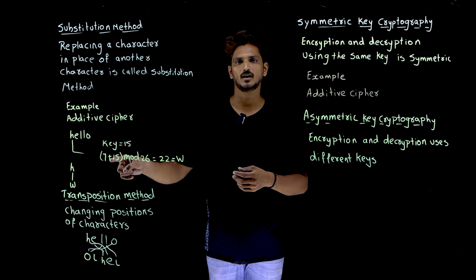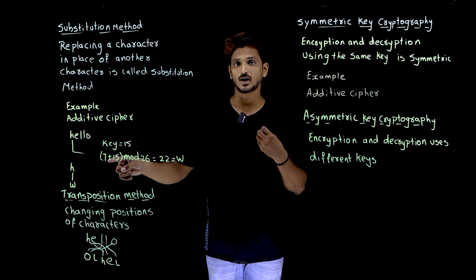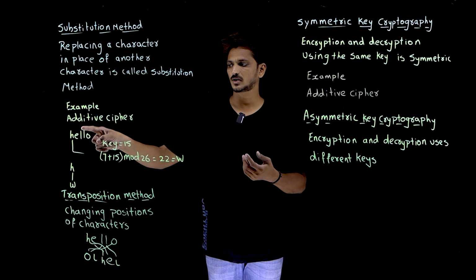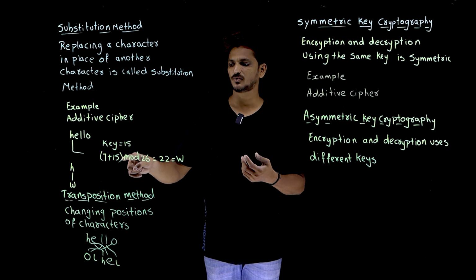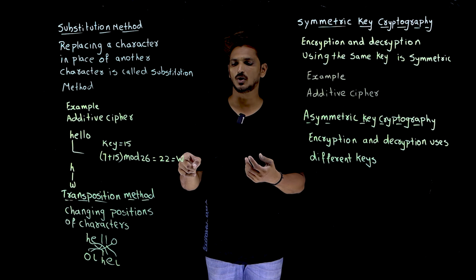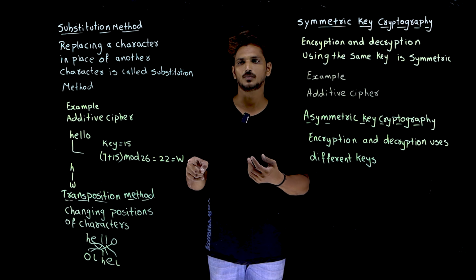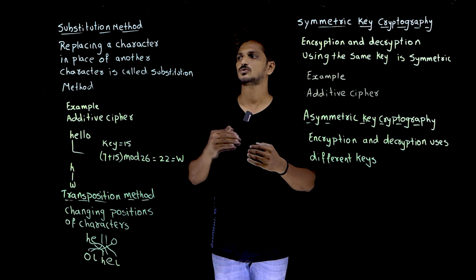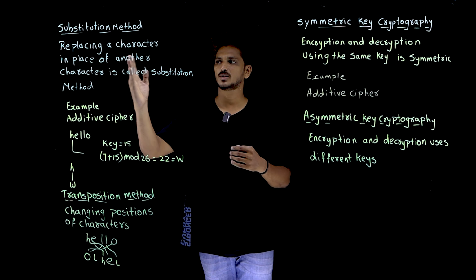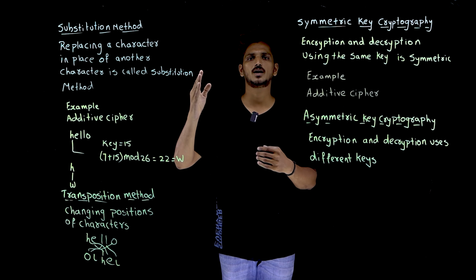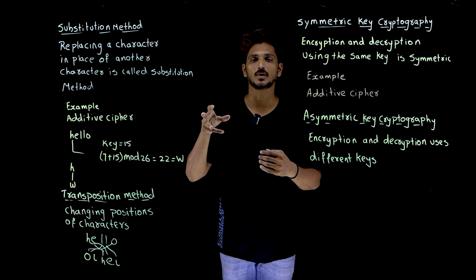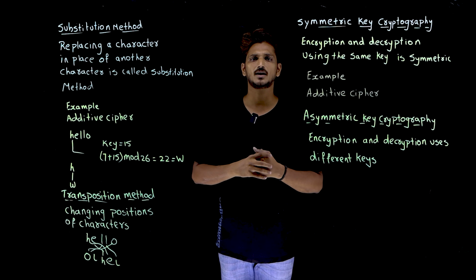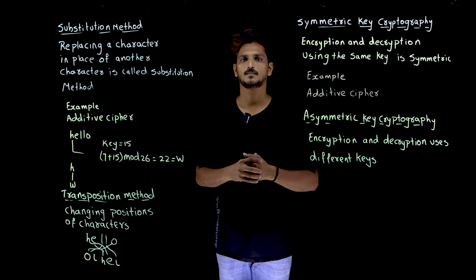H means 7. In the additive cipher, we assigned some numbers to the characters. H is 7, 7 plus 15 mod 26 is 22, which is equal to W. In place of H, we are replacing it with W. So replacing a character in place of another character is called the substitution method. So additive cipher comes under the substitution method.